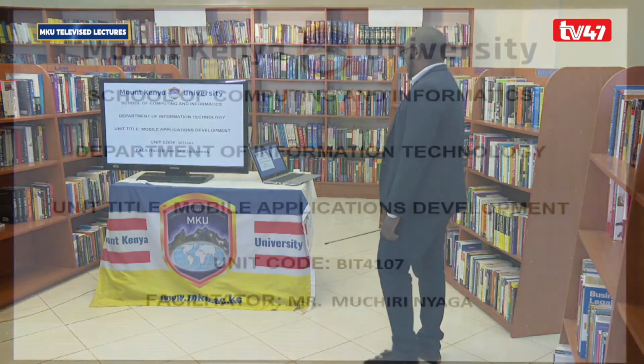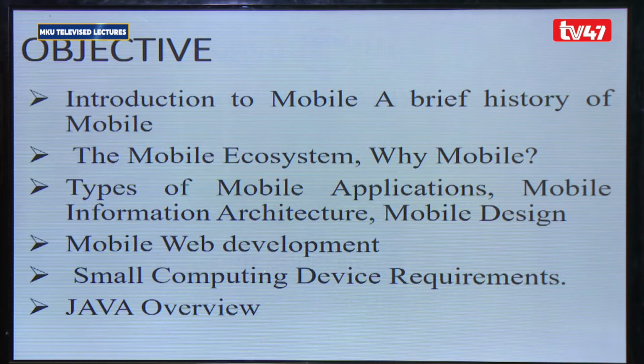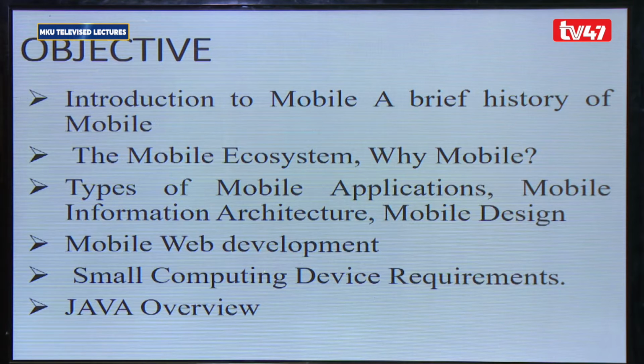Today we want to start with the main objective of this lecture, which is to have an introduction to a brief history of mobile, and then we have the mobile ecosystem and why we have decided to focus on mobile.